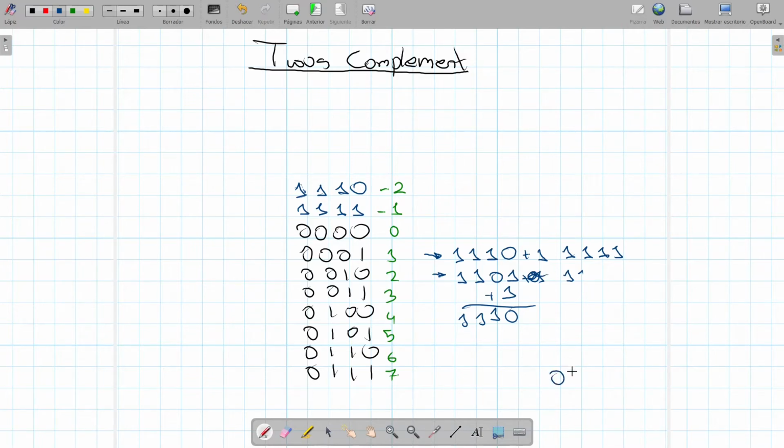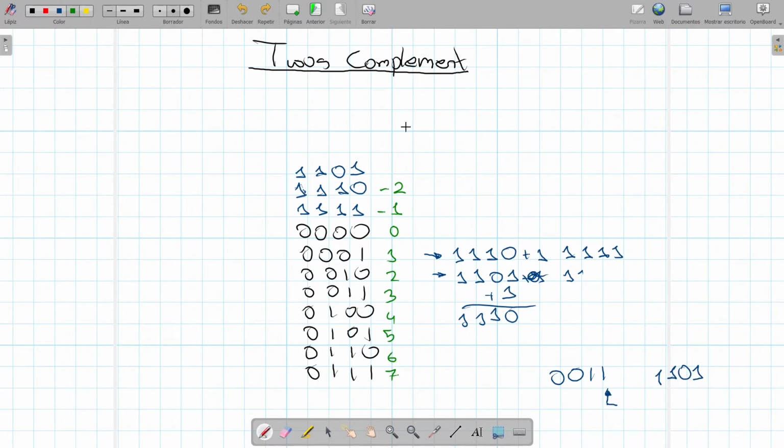Okay, so number 3 is this. We want to find the 2's complement. So we keep the first one that we find, and then we change all the other digits. Okay, so number 3 would be 1, 1, 0, 1. That's -3.